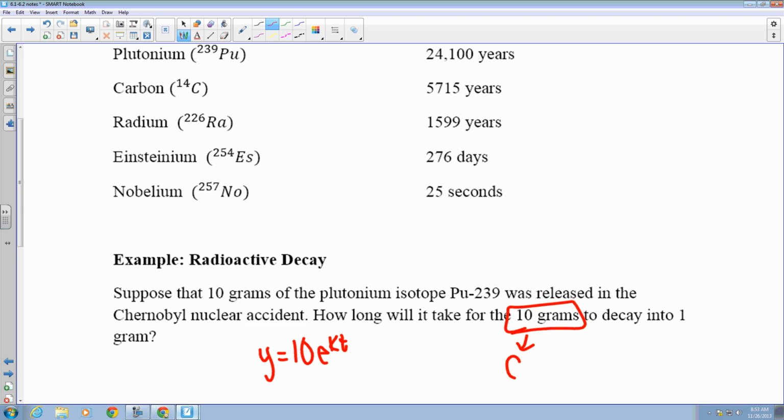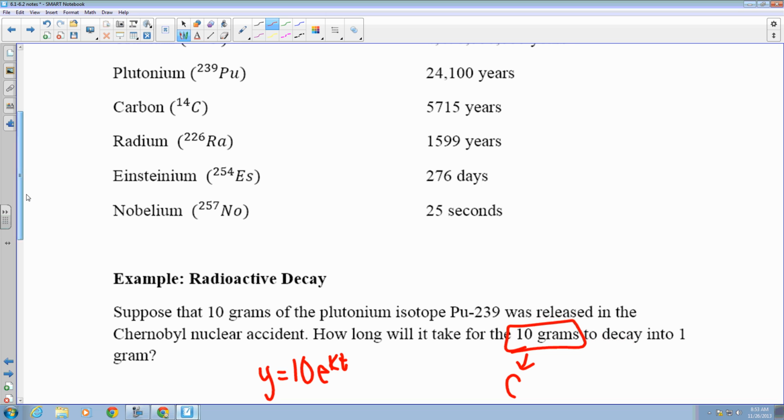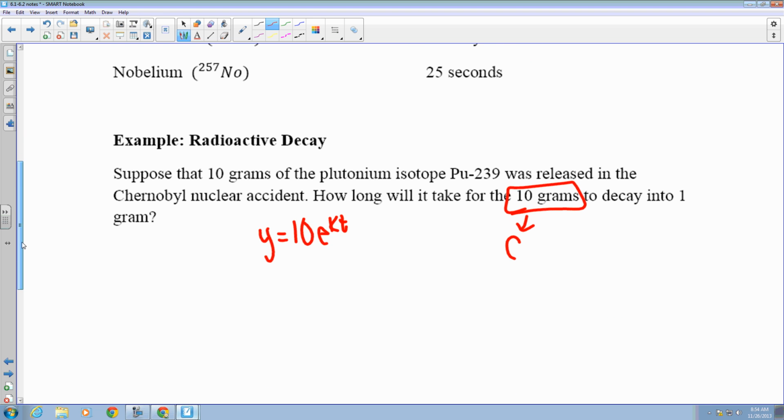And then we know half-life of plutonium is 24,100 years. So we're going to use that fact to figure out what k is. The constant is always the hardest thing to find.